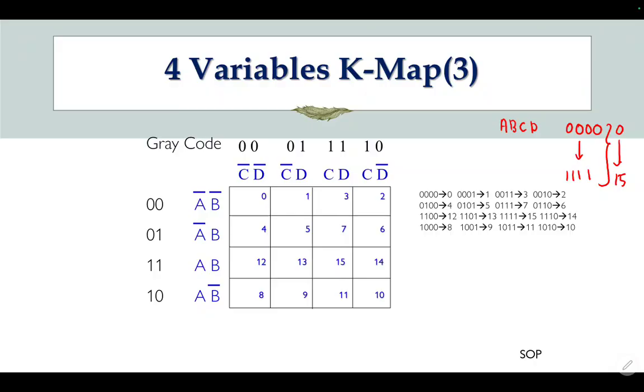If you count the cell here, 1, 2, 3, 4, 5, 6, 7, 8, 9, 10, 11, 12, 13, 14, 15, 16 cells. How do you place number 0 until number 15? So 0, 1, 2, 3, 4, 5, 6, 7, 8, 9, 10, 11, 12, 13, 14, 15.